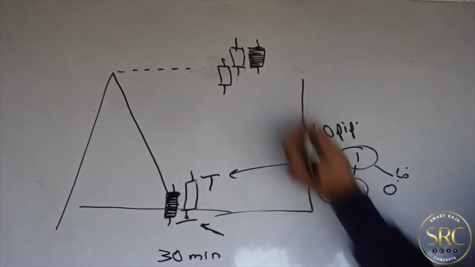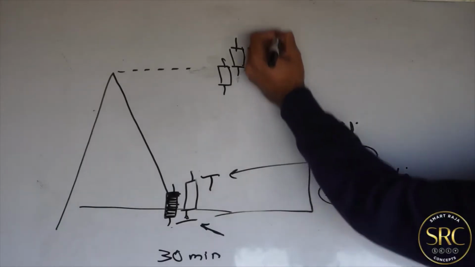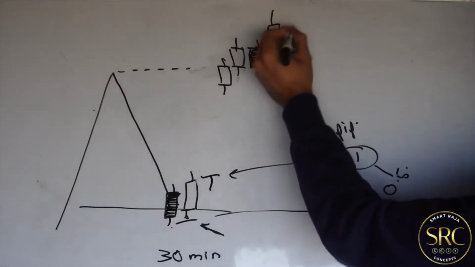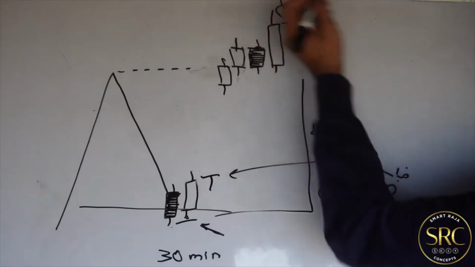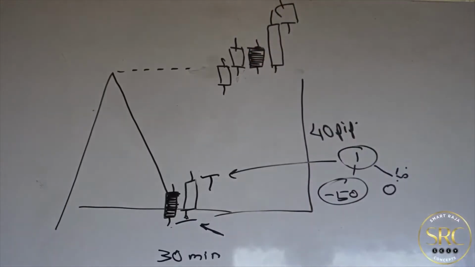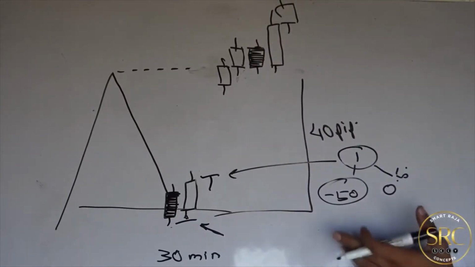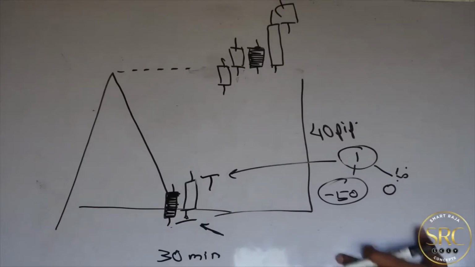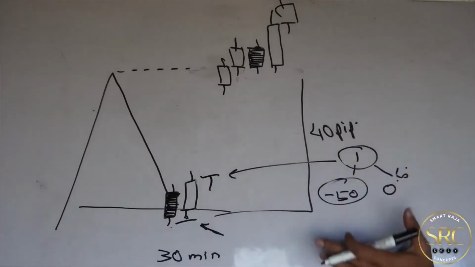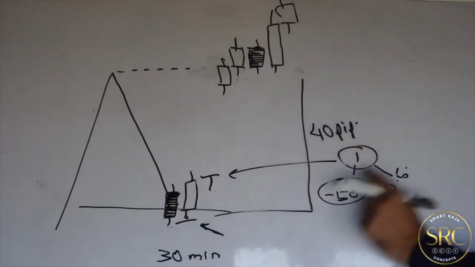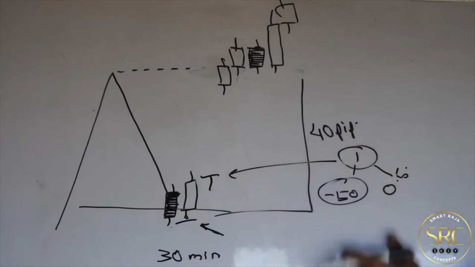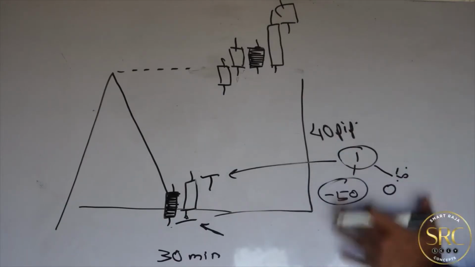What if the second 15-minute candle starts to go up and then continues to go up? Then what are you going to do? Well, in that case, you're going to be using the concepts we talked about in how to give your trade a second chance. Or you're going to use the concept we talked about, adding positions to a winning trade.